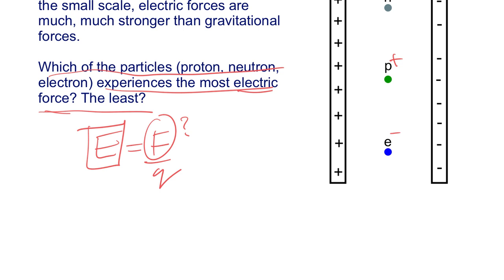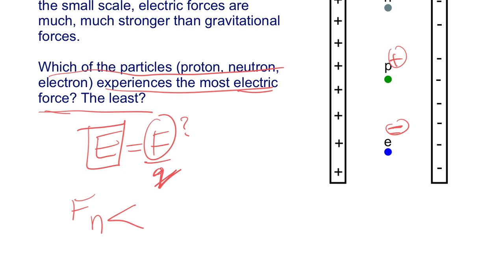Okay, so Q of a neutron is zero. There's no charge, that means no force. So the neutron would be the least. The force on the neutron would be the least of them all. And isn't the charge of an electron and the charge of a proton the same magnitude, but different signs?